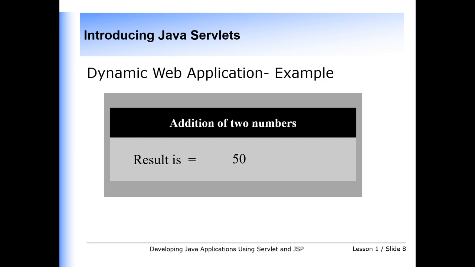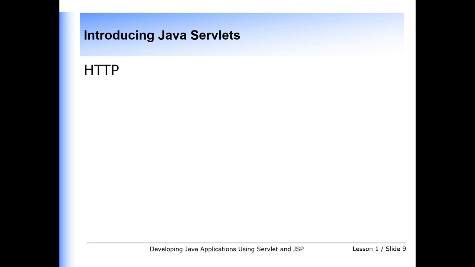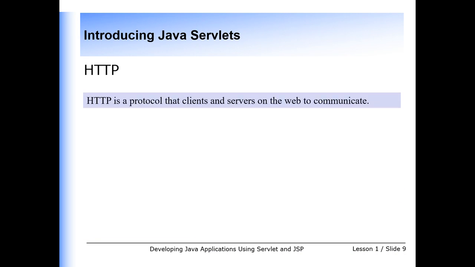Now, let us understand the link between web and HTTP, and what is HTTP. HTTP is Hypertext Transfer Protocol, and it is a protocol that clients and servers on the web use to communicate. It is a communication protocol between clients and server.